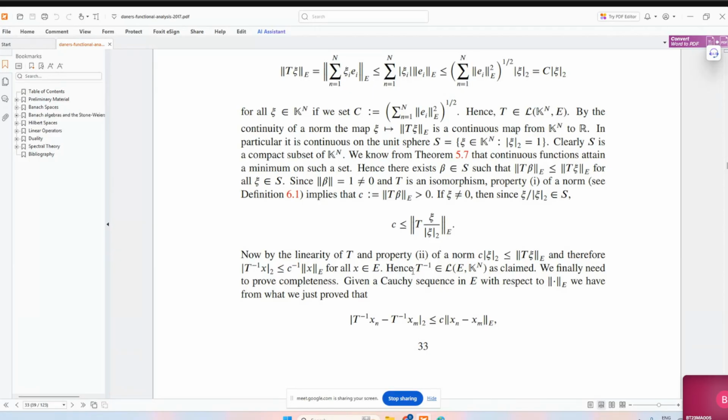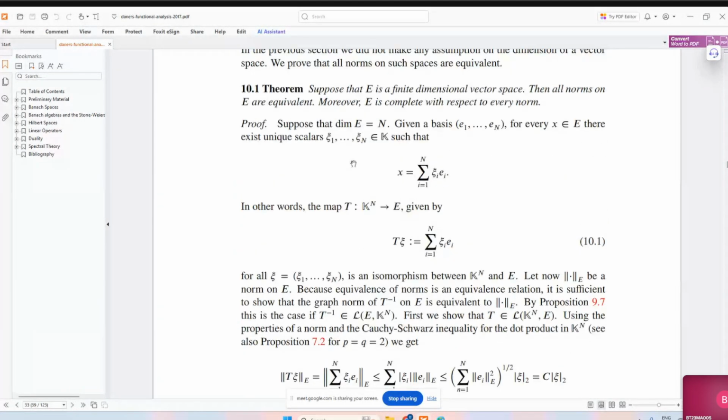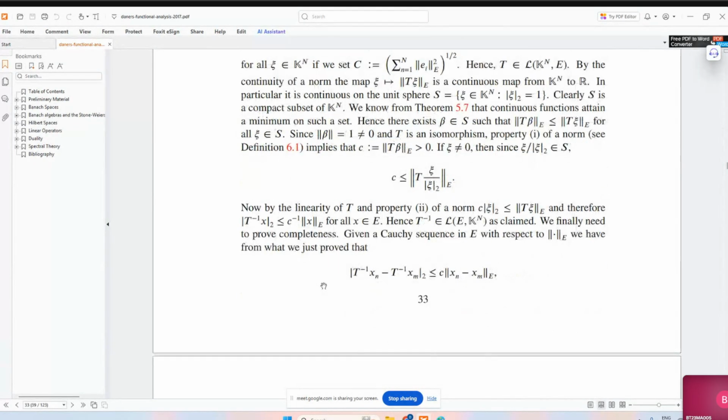So what we have got is both T and T inverse are continuous, and therefore an arbitrary normed linear space is isomorphic to K^n or R^n with the L2 norm.